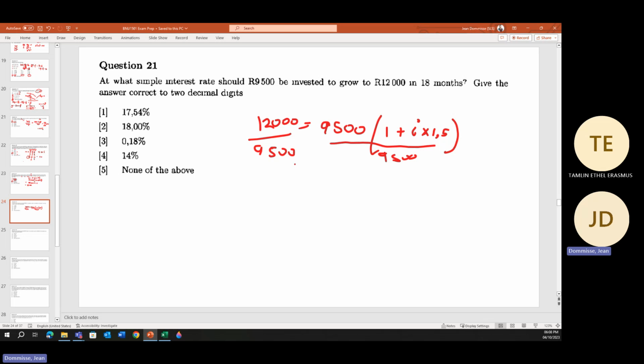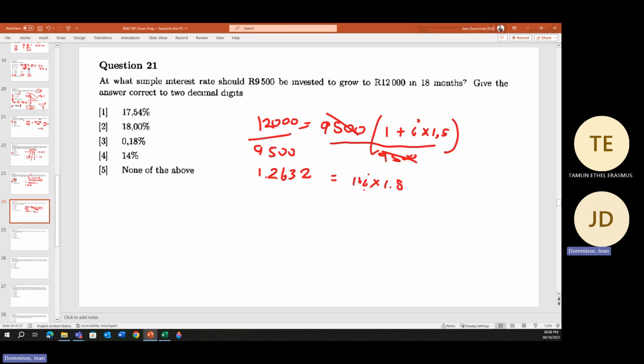So 12,000 divided by 9,500 gives me 1.2632. I'm just keeping it at 4 decimals at this stage. So those two will cancel out. On the right-hand side, I'm left with 1 plus I times 1.5.